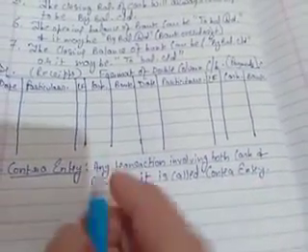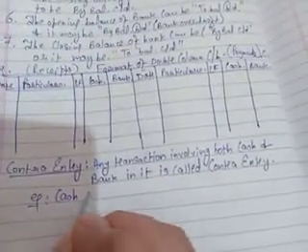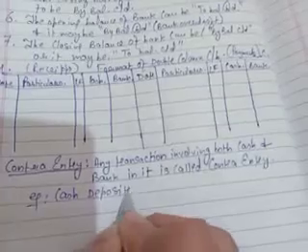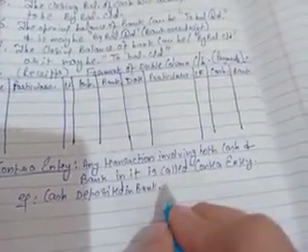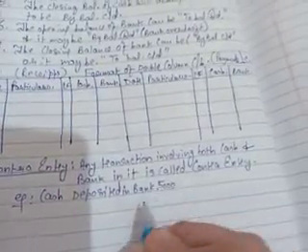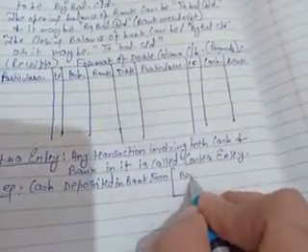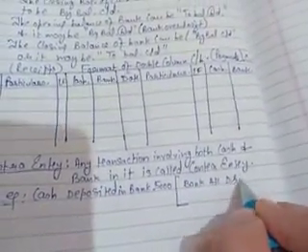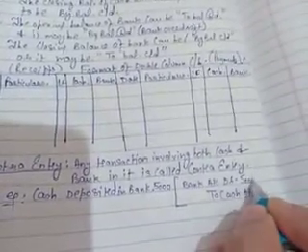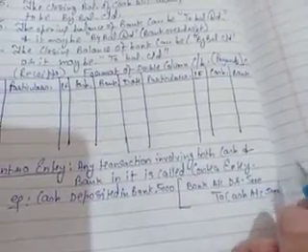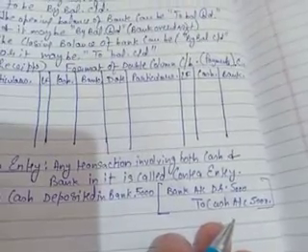Okay. Examples of contra entry are: cash deposited in bank, say rupees 5,000, and we know the journal entry for this will be bank account debit to cash account 5,000. Now how are we going to post this entry in the double column cash book?